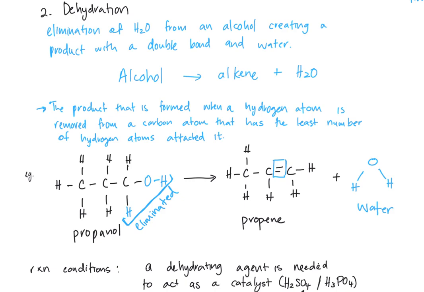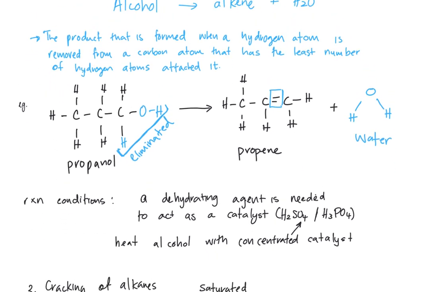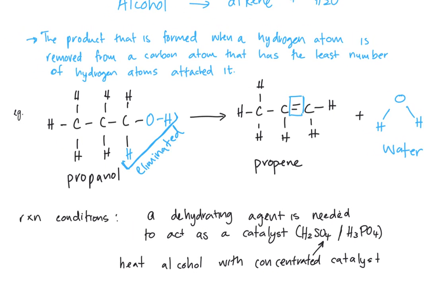Now, for a dehydration reaction, your reaction condition is that a dehydrating agent needs to act as a catalyst, which is H2SO4, and you've got to heat the alcohol with the concentrated catalyst. So above our arrow, we want to put in H2SO4, and we also want to put in that this reaction needs to be heated.